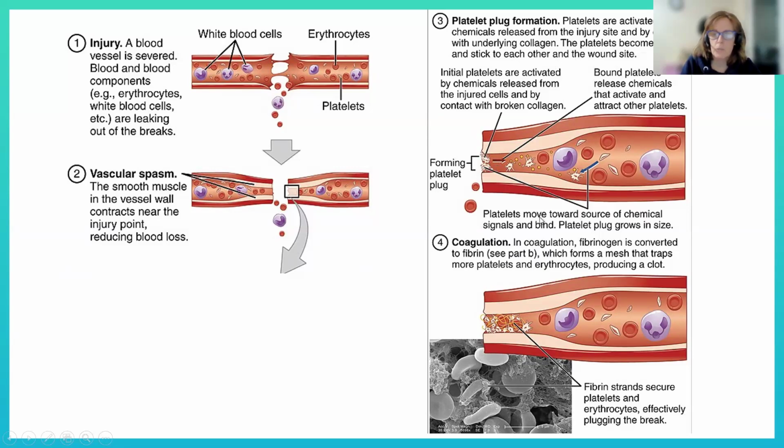So they move towards the source of the chemical signals, they bind together, and the plug will get bigger and bigger. And this fibrinogen, which is normally in solution, so it's normally dissolved, is converted into fibrin. It forms a mesh. You can see all these fibers here, and that produces a clot and stops any bleeding. Plug in the break there.